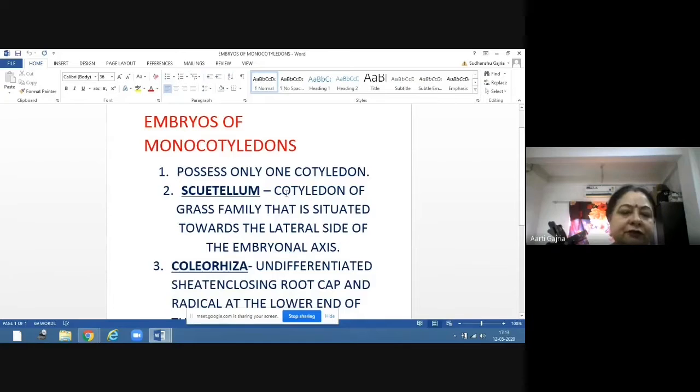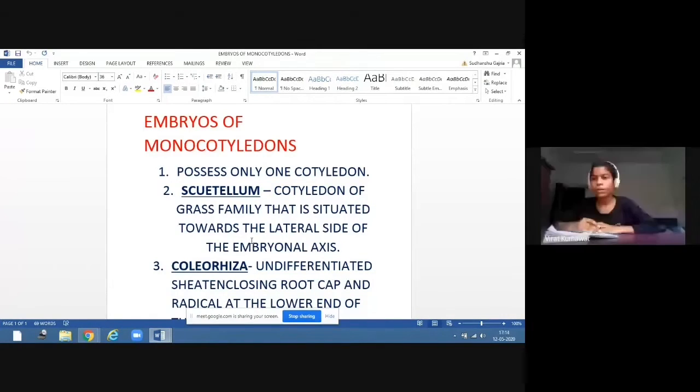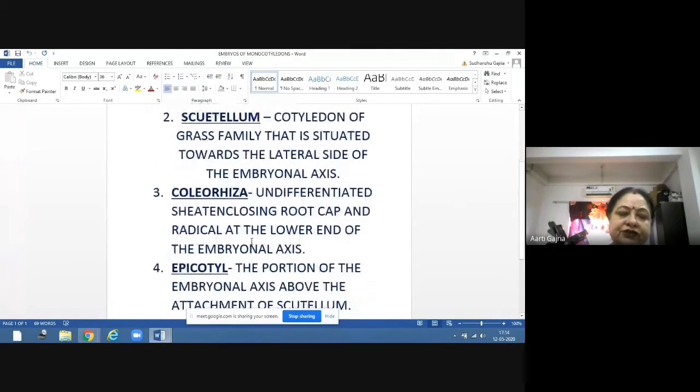Now scutellum is the cotyledon of grass family. Grass is monocot. It is situated towards the lateral side of the embryonal axis. Then there is another structure which is called coleorhiza.